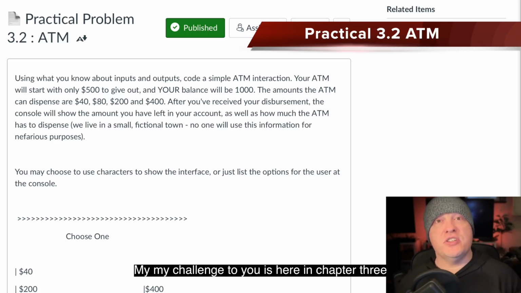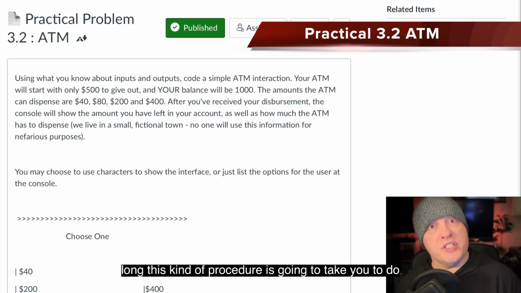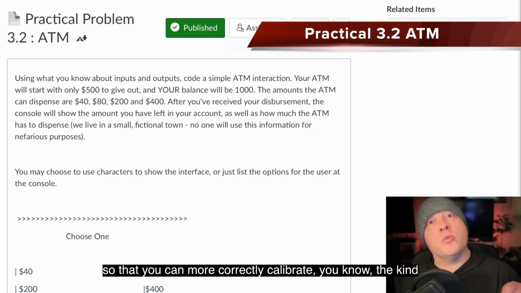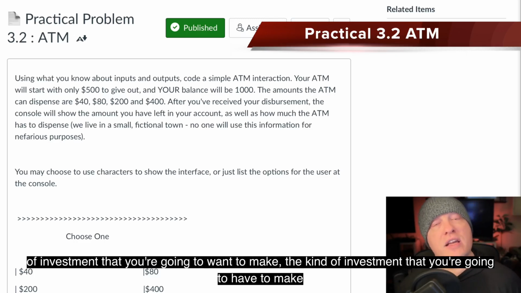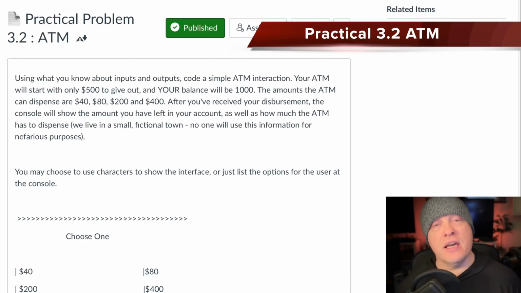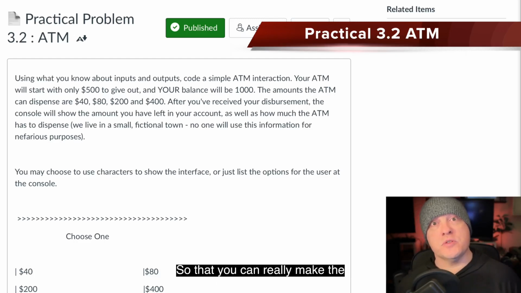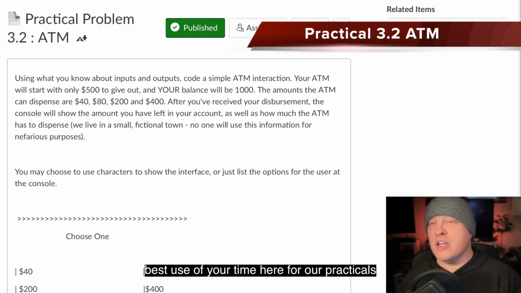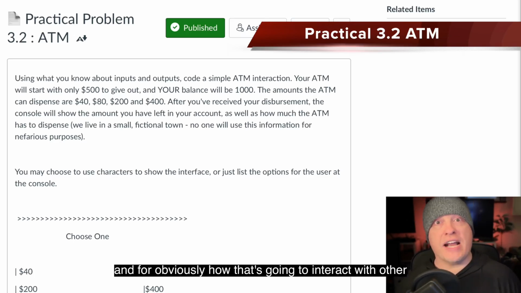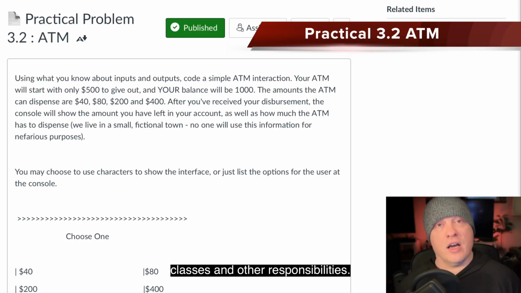My challenge to you here in chapter 3 is just to get the job done so that you know how long this kind of procedure is going to take you, so that you can more correctly calibrate the kind of investment you're going to have to make on future challenge problems, so that you can really make the best use of your time here for our practicals and for how that's going to interact with other classes and other responsibilities.